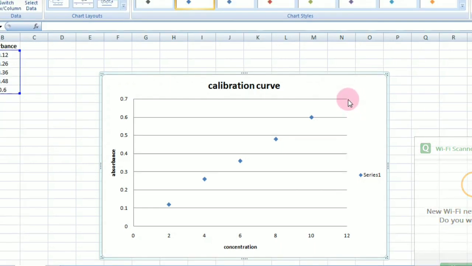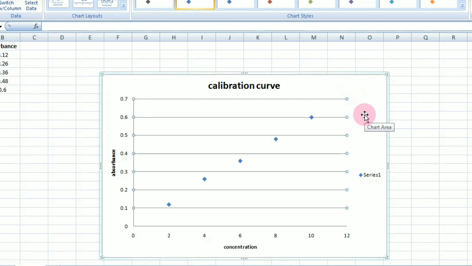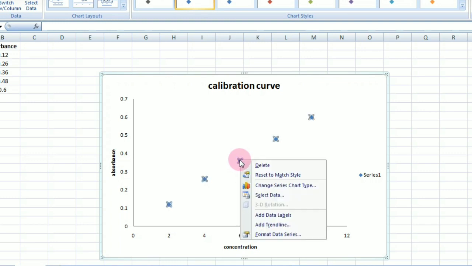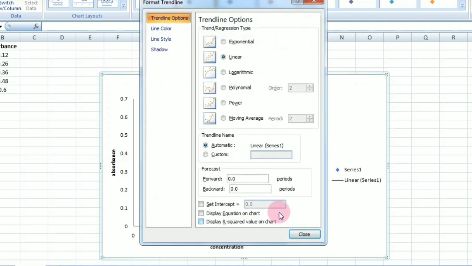You can remove the grid by just clicking at one of the ends of the lines and deleting them. I have deleted the grids. Then I have put the cursor on one of the data points, given a right click and selected add trend line.